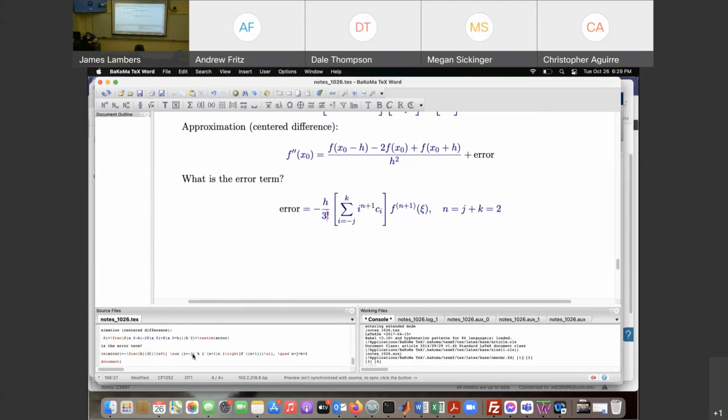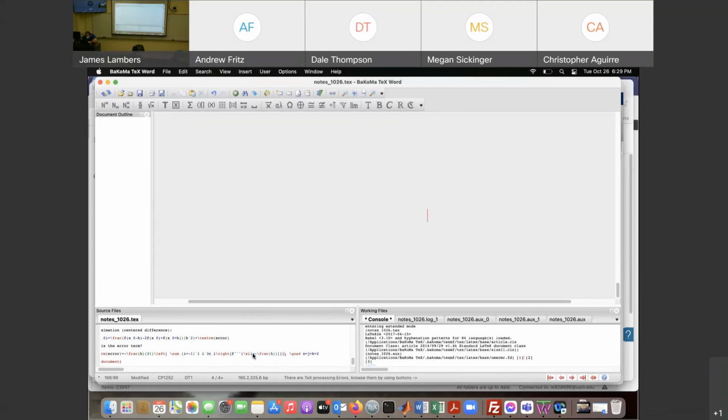And then my sum, so i cubed, and then I have the third derivative, f triple prime at an unknown point. But let's see what that turns out to be. So h over 6.